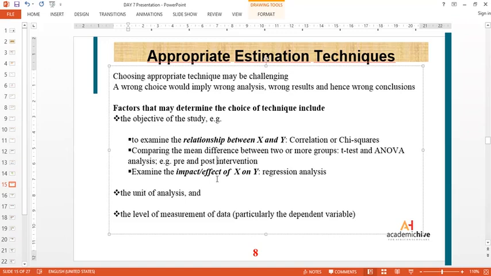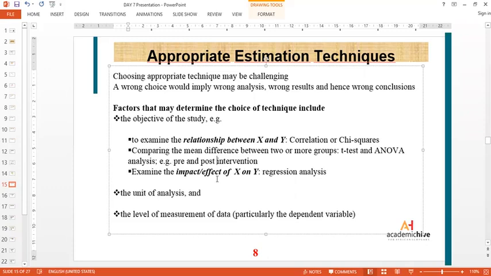From the beginning of this class, I used aviation and employment intention as an example. If you want to see the effect of airport safety on employment intention, the keyword here is effect or impact. Then regression analysis is your choice of technique.